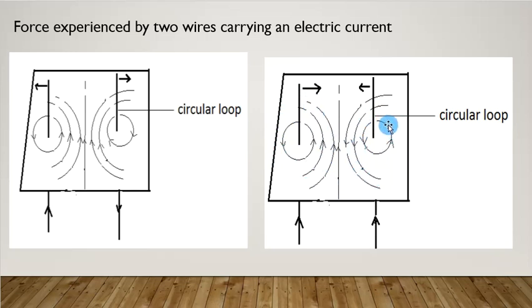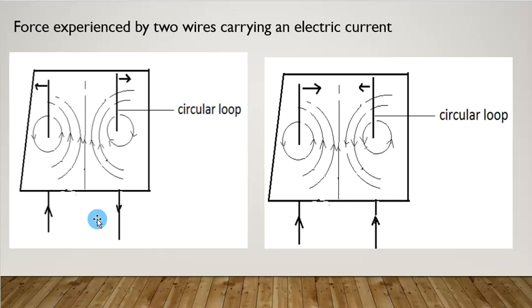So what will happen is that at this point here, the two field patterns will be moving in the opposite direction, and therefore this will result in attraction. So the two wires will attract themselves if they carry current in the same direction. They will repel themselves if they carry current in opposite directions.